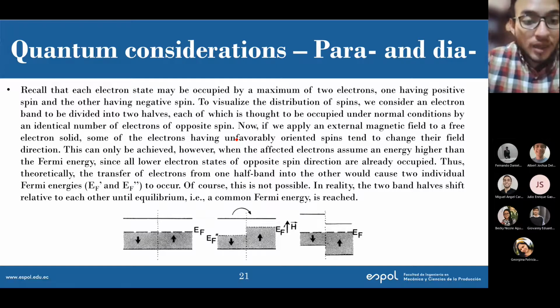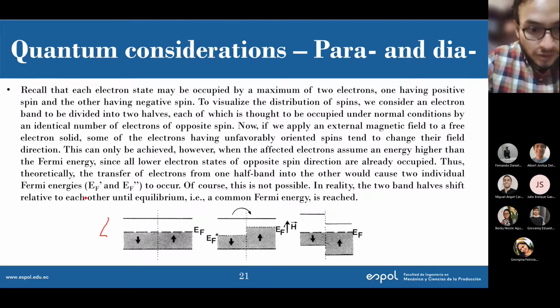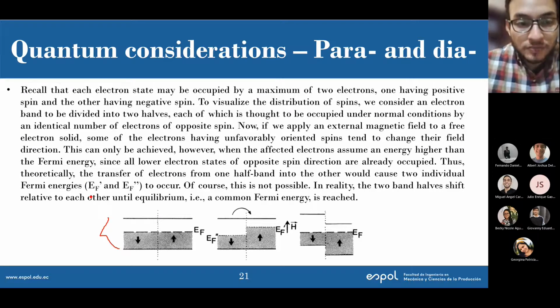And let's consider an electron band. So here are the electron bands, or the energy bands, right? There you go, energy bands or electron bands. Now let's divide it into two halves. One half will have a negative spin, this one, and the other will have a positive spin.